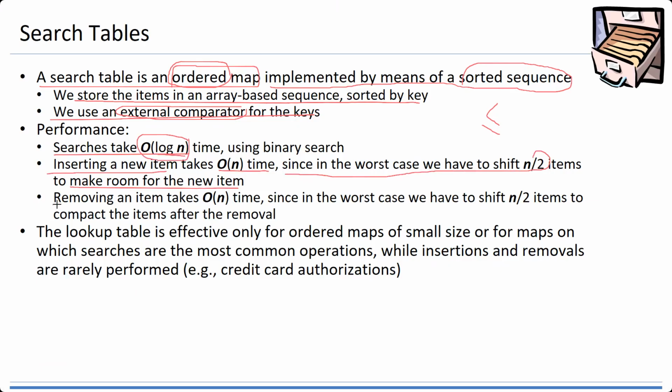And removing one item will also take O(n), because in the worst case we have to shift at least n divided by 2 items to compact the items after the removal.